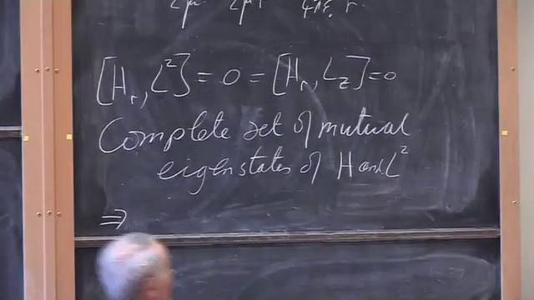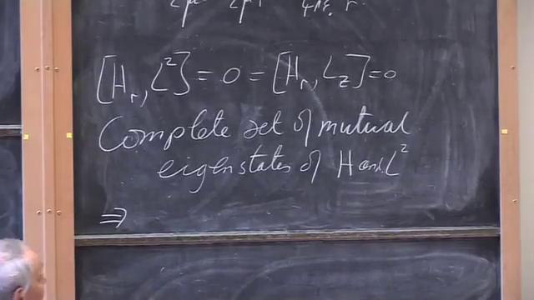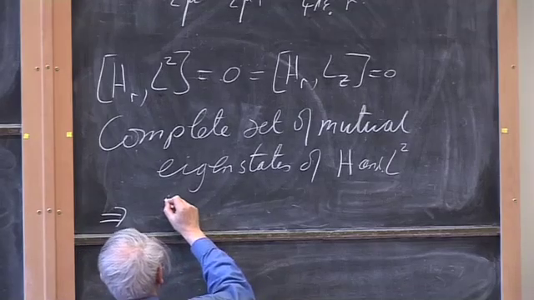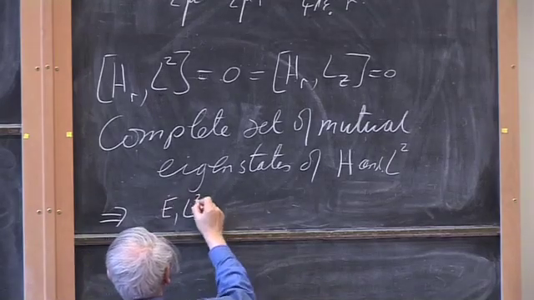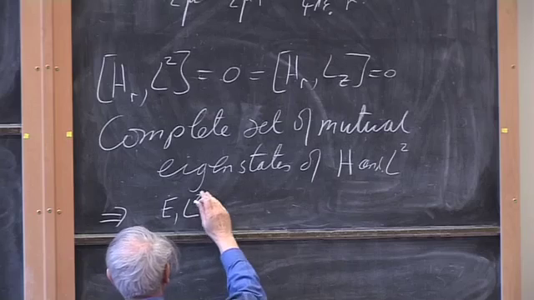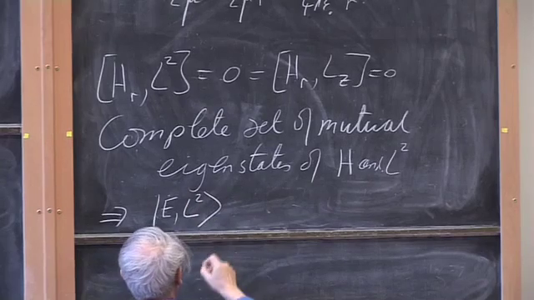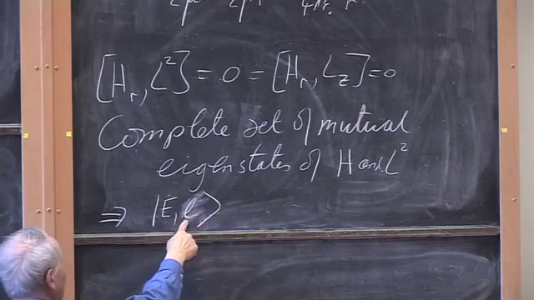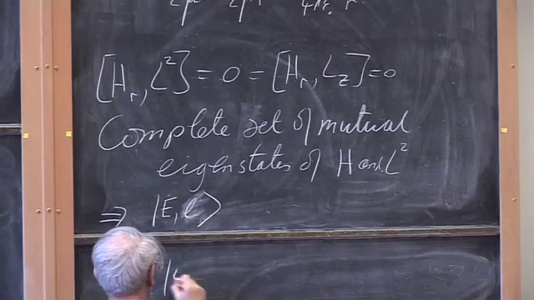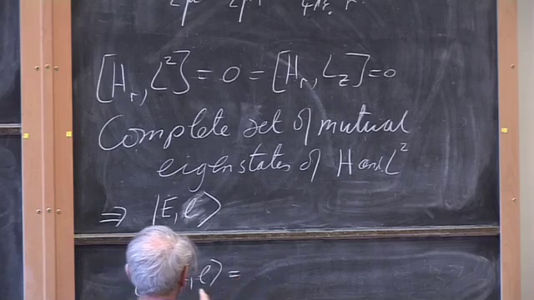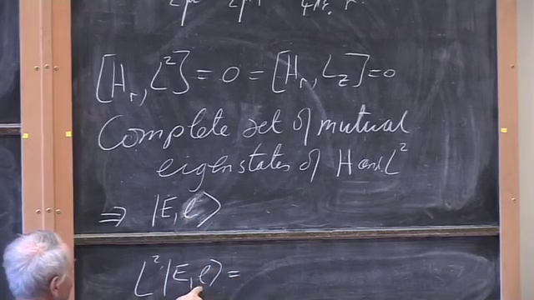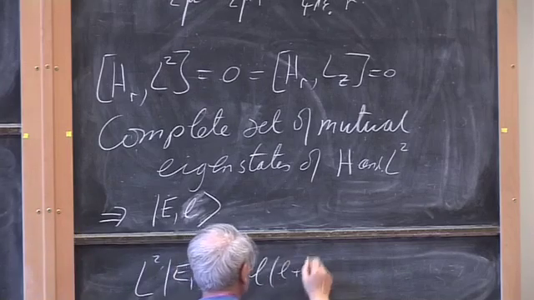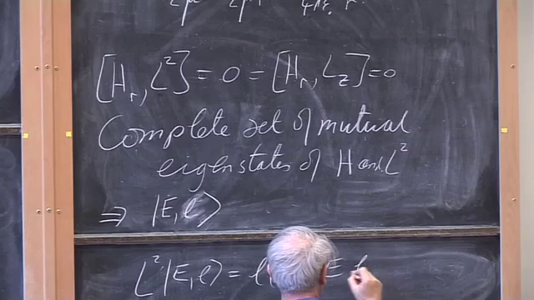Curiously, it is not true that that's the case, but it is true that there's a complete set of states E and L, such that L squared on EL, this is an eigenstate, that's what that's doing there, denoting that it's an eigenstate of this operator, and of course has eigenvalue L(L plus 1), EL.